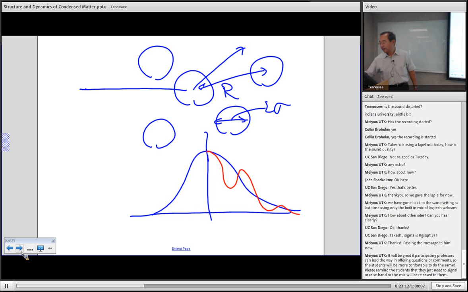And the position of this peak relates to this distance R. We'll discuss it later when we discuss structure determination next month. In this case, this is not exactly 2 pi over R. 2 pi is about 6.28, right?